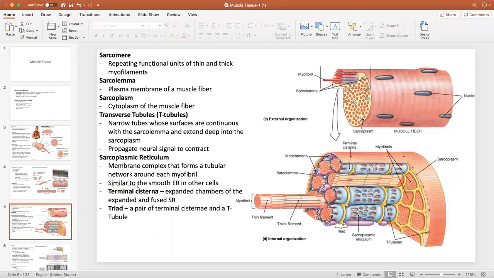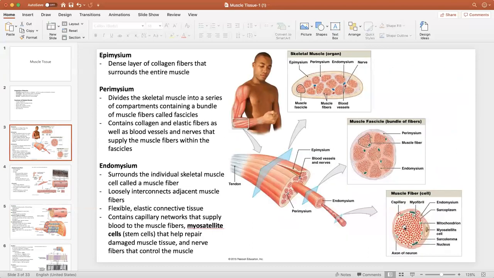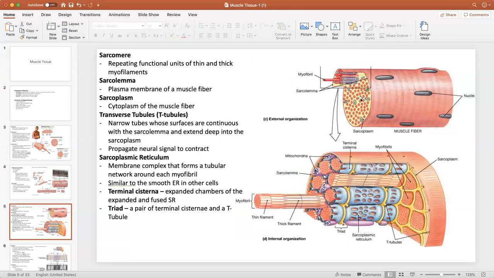So we'll look at the basic functional units here in the muscle. All the way down, the tiniest portion here, these myofibrils, that's what we're looking at here. This is a muscle fiber and multiple myofibrils, which is here.